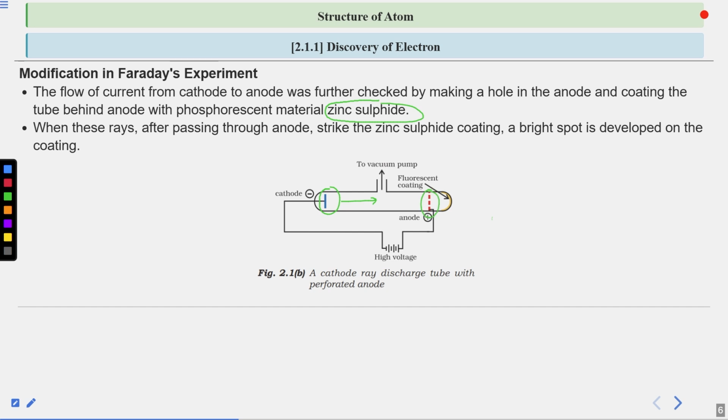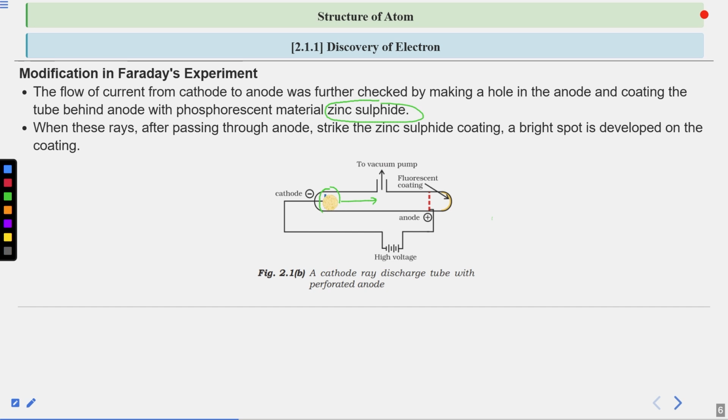So instead of taking a solid anode, we are taking a porous anode, which has holes through it. And this hole is shown with the help of a dashed wedge. So this space between these red lines indicates that there is an anode, but it has a hole in between. Got it?